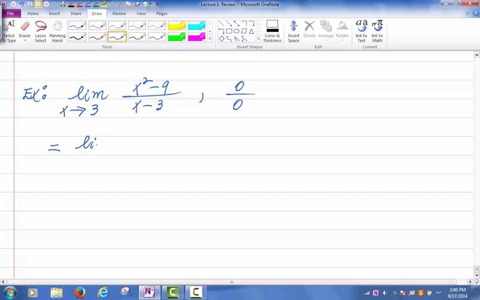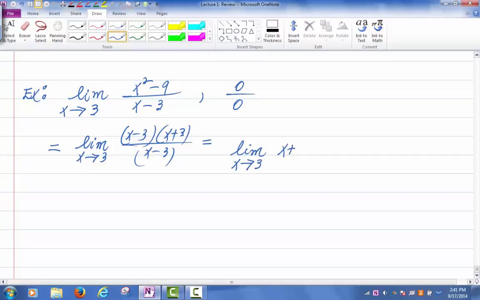So we are going to do just that. Factor this out. And if I factor this out, the good thing is x minus 3 cancels out. I get x plus 3. So what does it tell me when I cancel out the x minus 3?